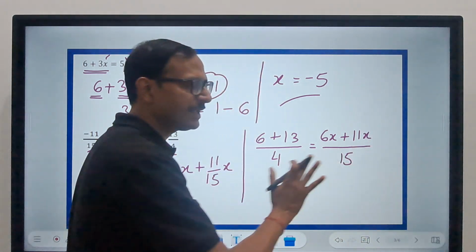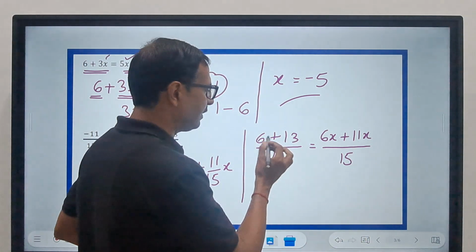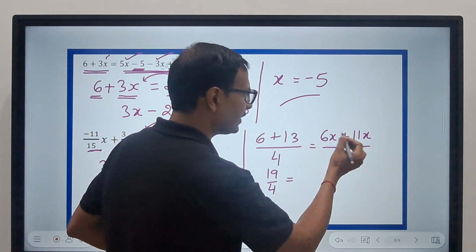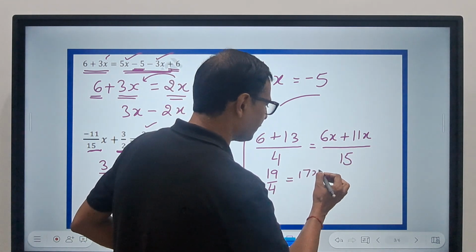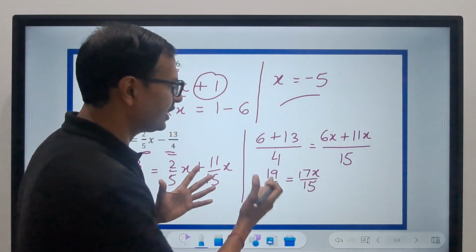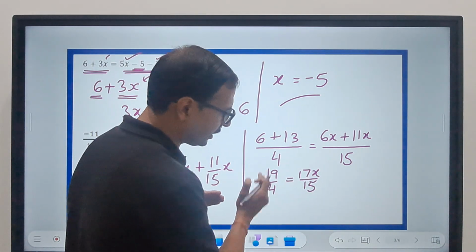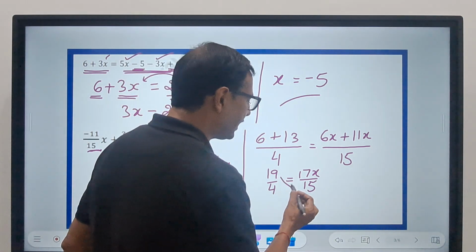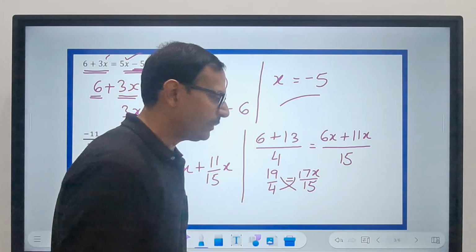So here I have taken the LCM, and now 13 plus 6 is 19, so 19 upon 4 equals 11 plus 6 is 17, so 17x upon 15. So I don't have any common factors here, whether in the numerators or in the denominators, right? So I can cross multiply safely and that will give my answer.